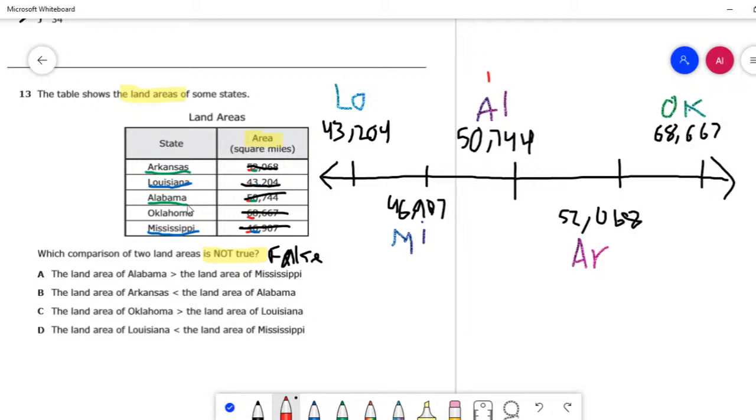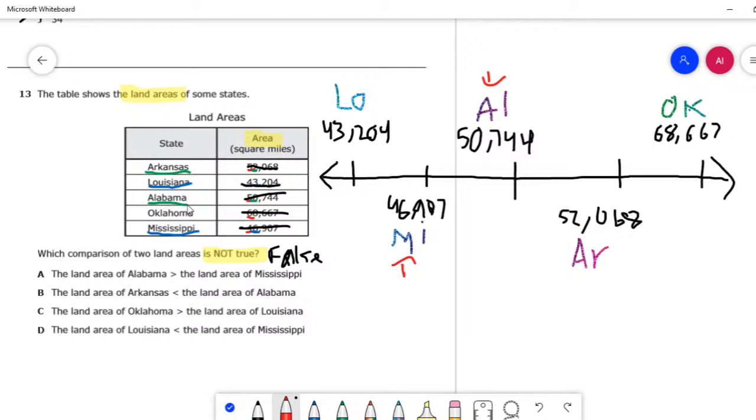this one right here. Let me just mark this in red. And Mississippi is this one right here. So Alabama is to the right of Mississippi, and that means that Alabama is more than Mississippi. And that's exactly what our answer choice says, meaning that this is true.